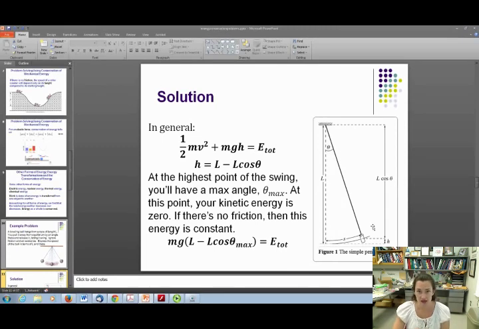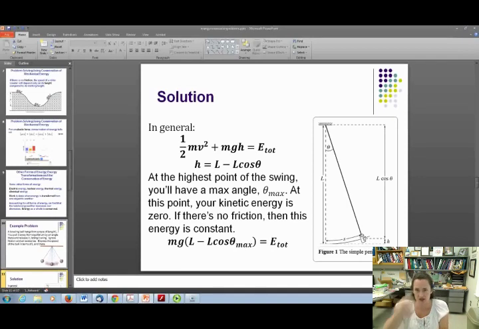And L cosine of theta gives you the length of the right triangle that goes from the top where it's attached down to the height where the bob is, and then your hypotenuse of the triangle will be the length L of the string. This is assuming that it's not doing some weird thing where the rope loses its tension and bends.